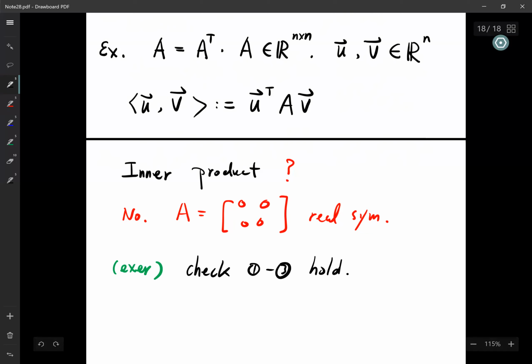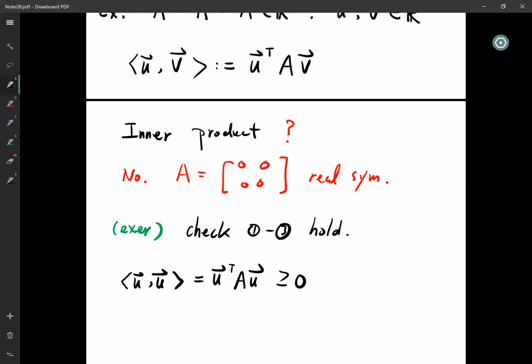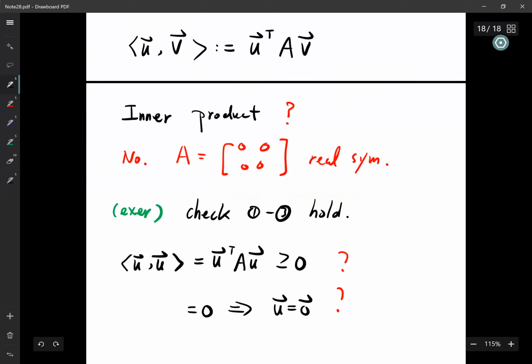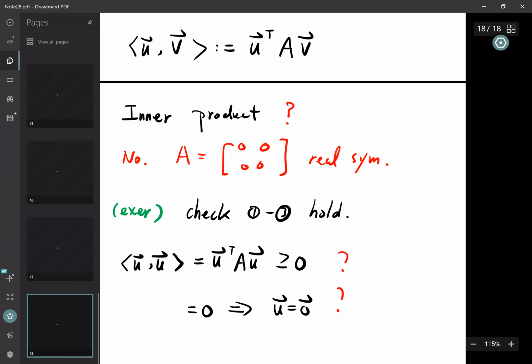So really it is the fourth thing, that is, (u, u) equal to u transpose A u: whether this is non-negative, and if this is 0, does it mean that u equals 0? So these are the questions we're asking. Any question? Okay, so let's try to answer these questions.